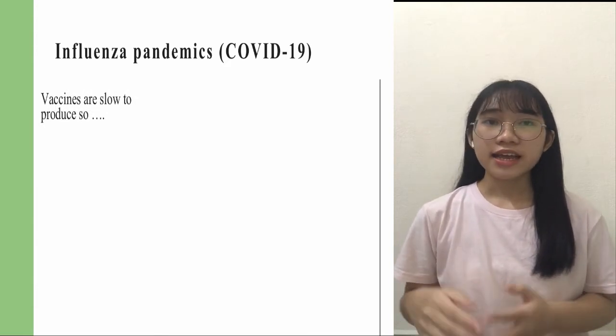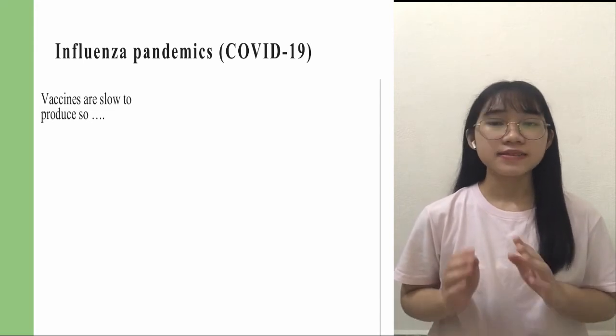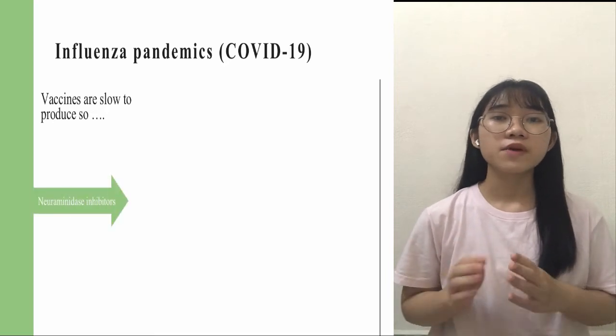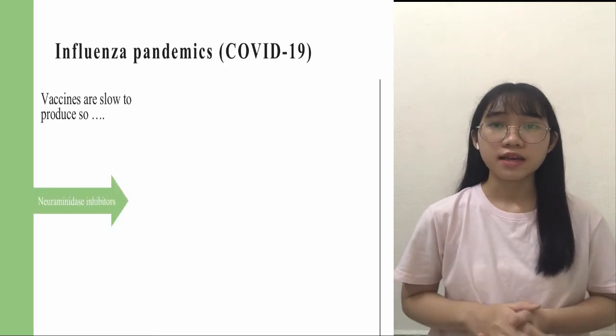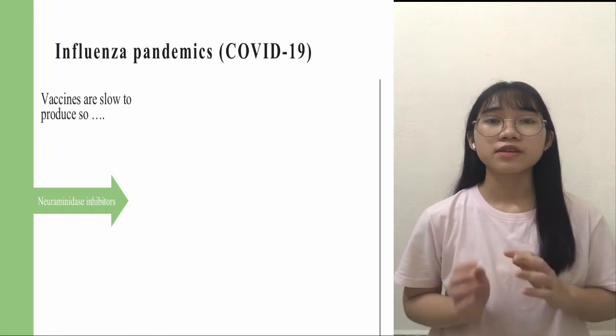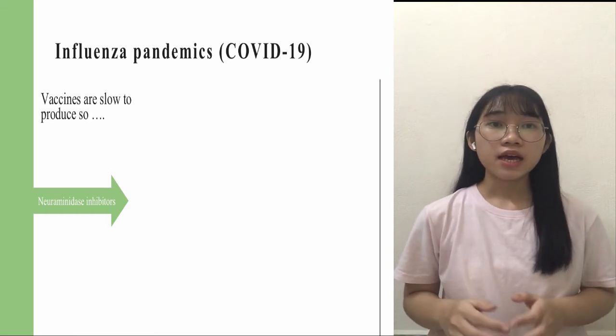Vaccination can prevent the spread of flu, but influenza vaccines are slow to produce and difficult to generalize because of the rate of mutation of the virus. So the first line of defense is a class of antiviral drugs, compounds known as neuraminidase inhibitors.